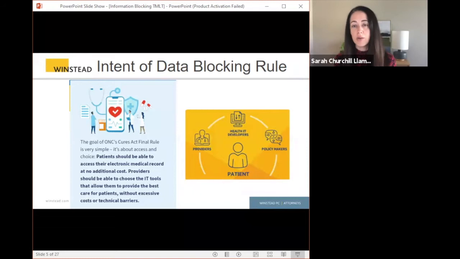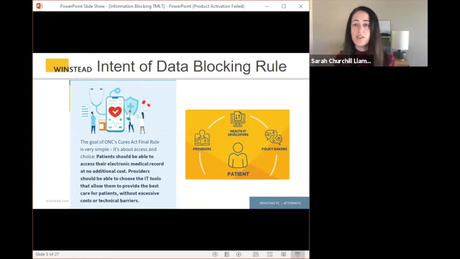But I think that the data blocking rule really goes deeper because it really drives into interoperability and patient access, but then also just exorbitant costs around interfaces and things like that providers have to bear, and how they have a material impact on the shareability of data.